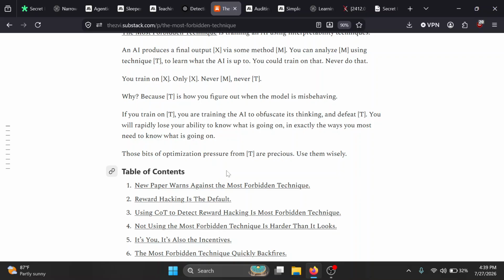And are there some auditing techniques where it's hard to get it to do both? Like if you train it to not get caught by that auditing technique, it starts to not do the behavior in the first place more.